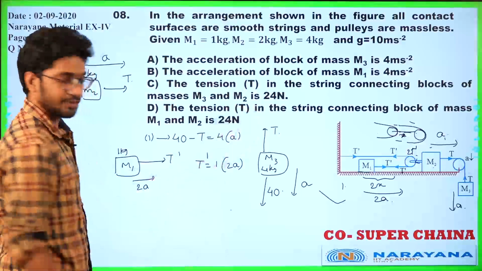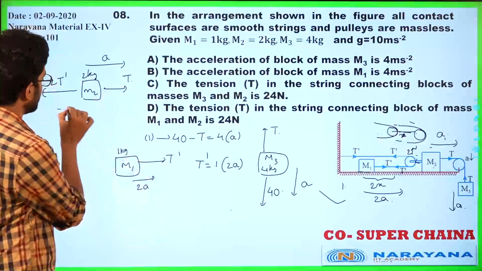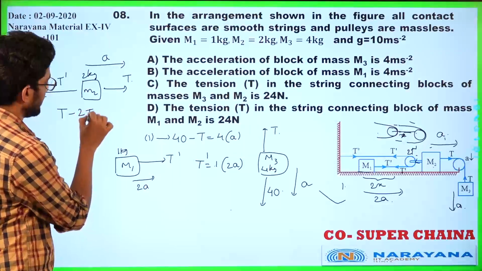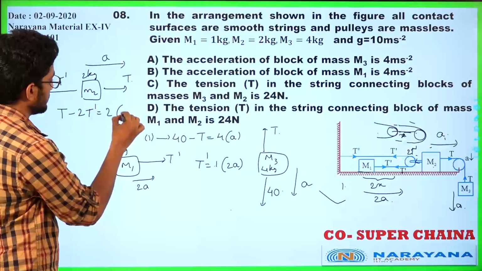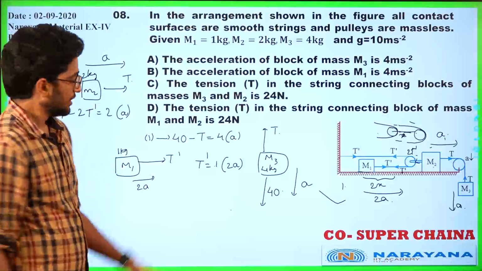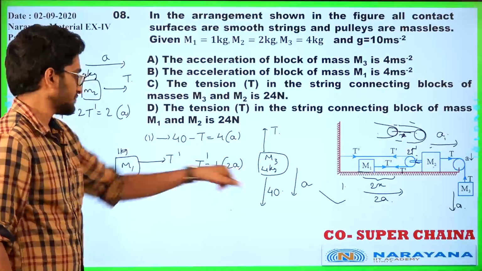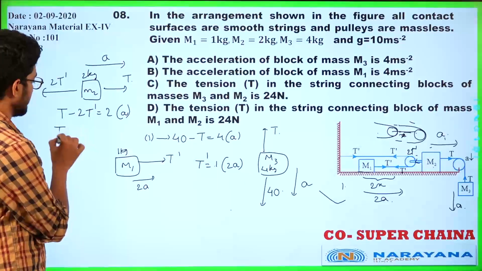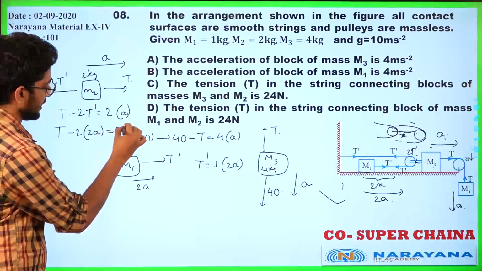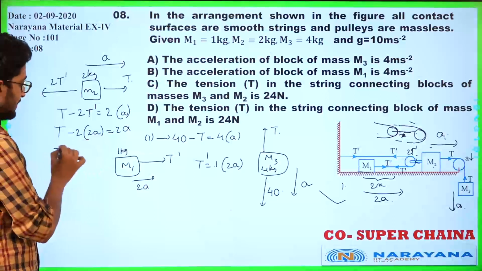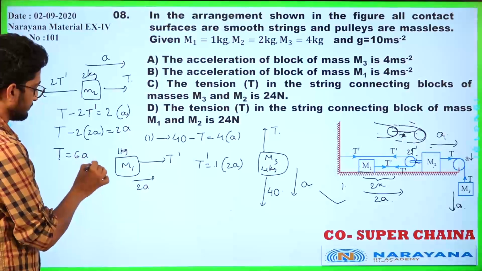So again I write a force equation: T minus 2T dash, net force equals M into a, 2 into a. Here I have the T dash value already, T dash value is 2a, so I substitute in this. So I get T value as 6a.